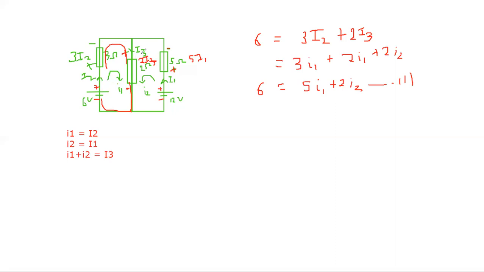Now come to the second loop, where the loop current is flowing like this. You start your journey again from this point and encounter a voltage source, negative to positive.